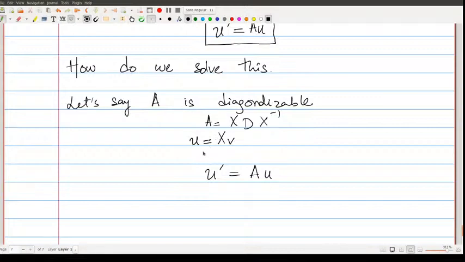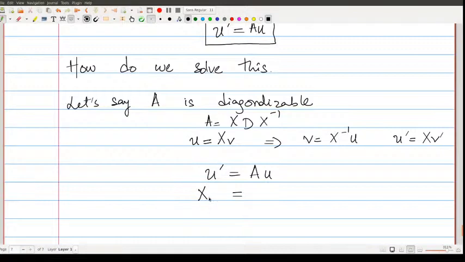If I use this change of variables, u is equal to Xv, then I can write v is equal to X inverse u, right? And what is u prime going to be equal to? Since X has only numbers, it's going to be Xv prime.